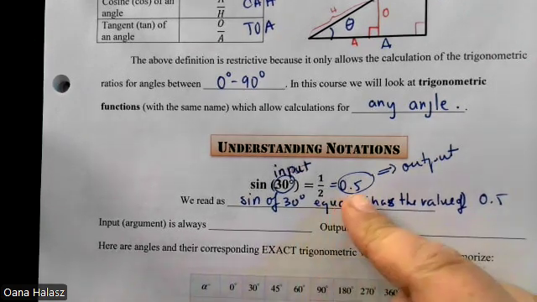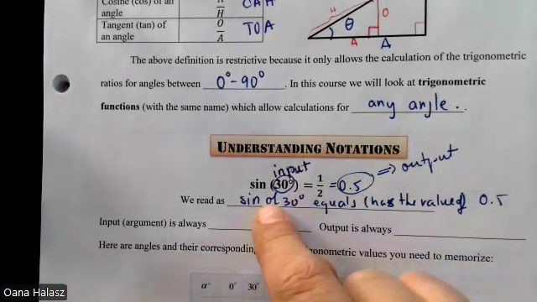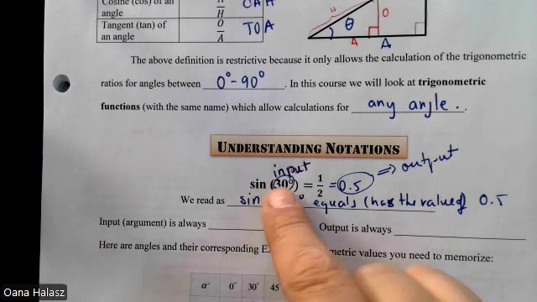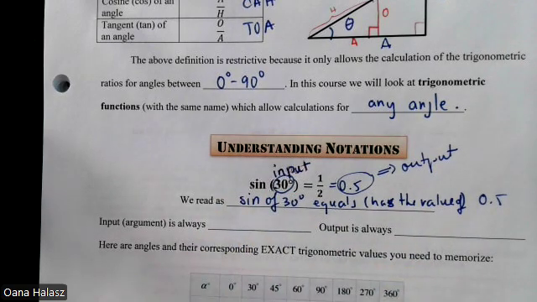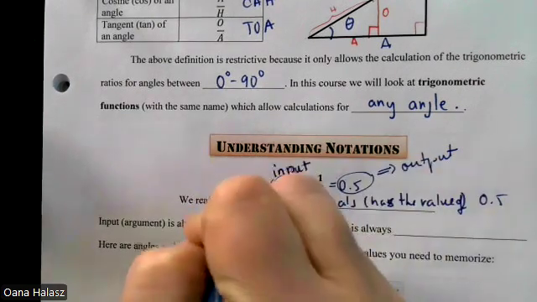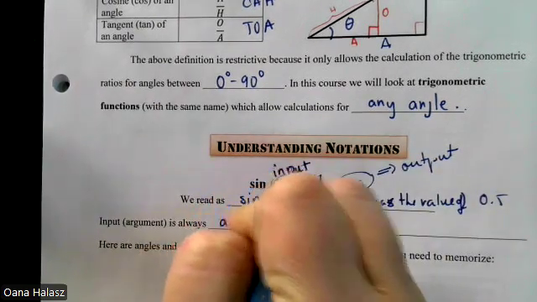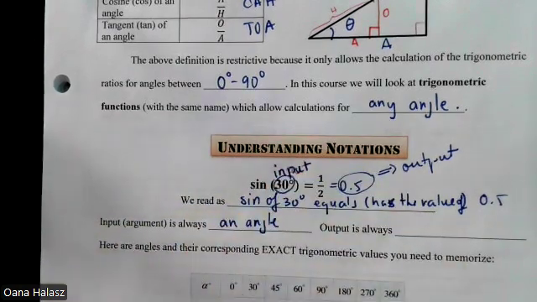And then we get a value for that trigonometric relation here. So input, or sometimes we call that an argument, is going to be an angle. Of course, represented by a number.